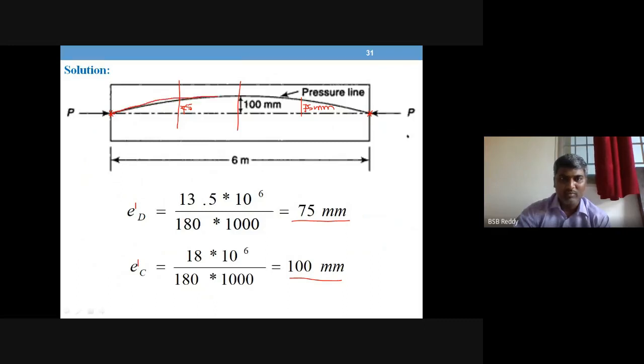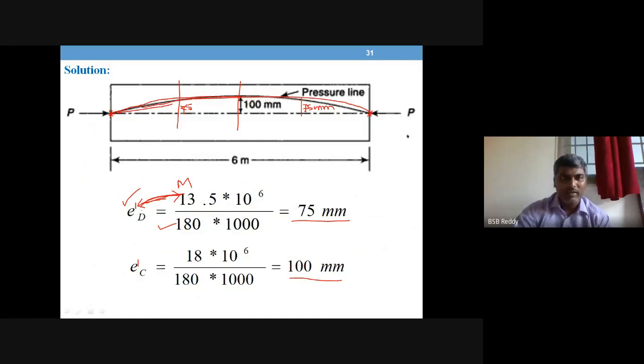Why parabola? The reason: you can simply see P is constant, E is directly dependent on bending moment. The bending moment for a simply supported beam with UDL is parabolic. So this is directly proportional to this, so this also shall follow parabolic nature. That's why the parabola is drawn here.